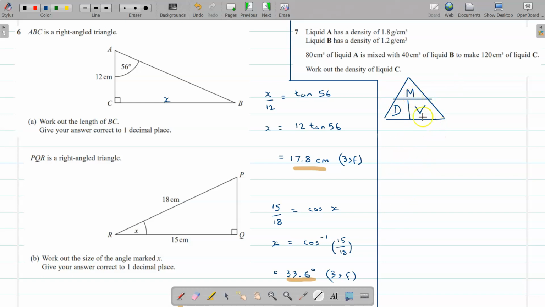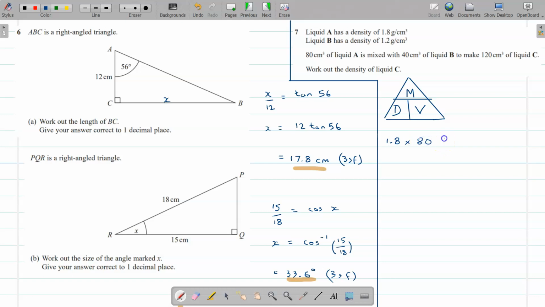So density is mass divided by volume, and what we've got to do here is work out the density of liquid C. So we need the total mass of C, which is made of, well, we know its density and we know its volume. So liquid A has a density of 1.8 multiplied by its volume, which is 80.